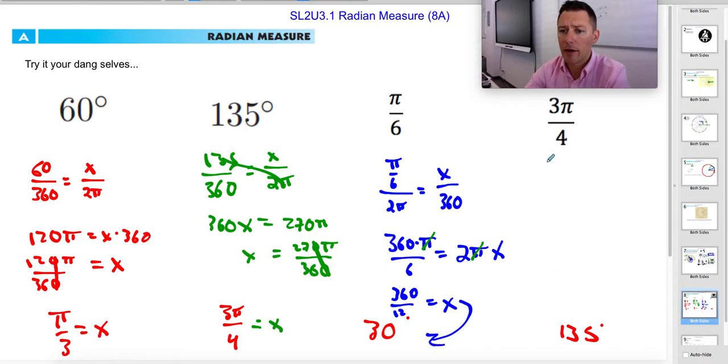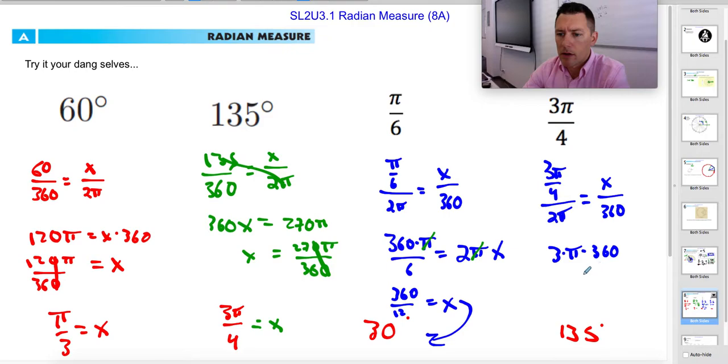Same sort of thing here. This is 3 pi fourths over 2 pi. Should be the same as the degree measure over 360. And when we cross multiply, you get 3 times pi times 360 all over 4 equals 2 pi x.